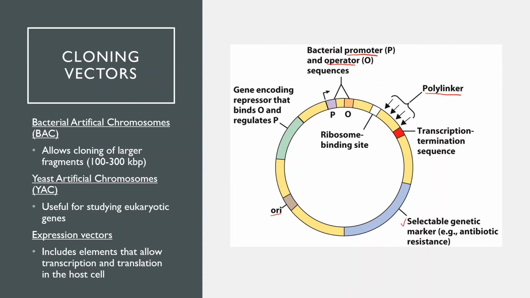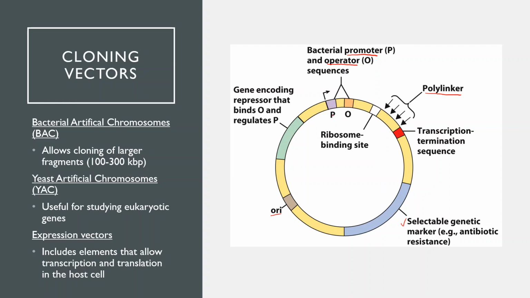And these are DNA sequences that the bacterial transcription machinery will recognize. So proteins like RNA polymerase, which is the enzyme that makes RNA and actually starts the process of transcription, recognize where to bind based on the location of these promoter and operator sequences.